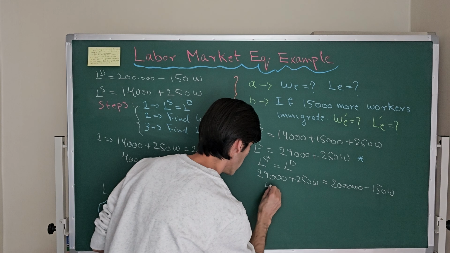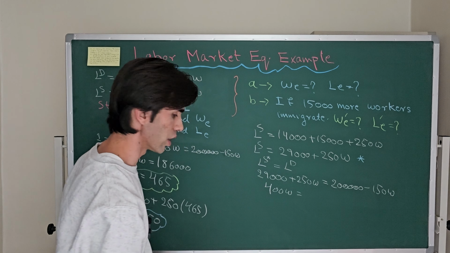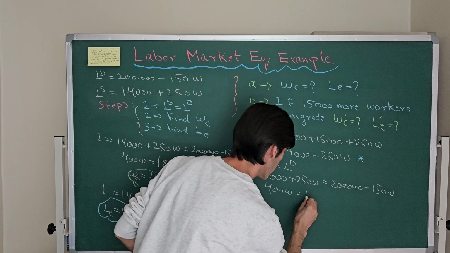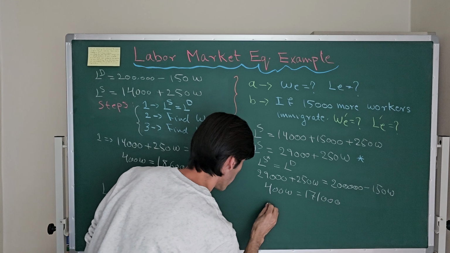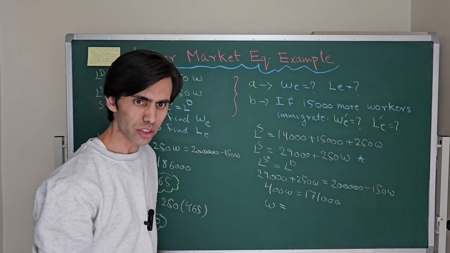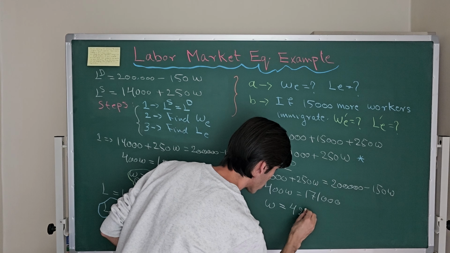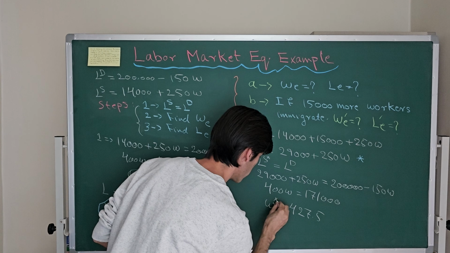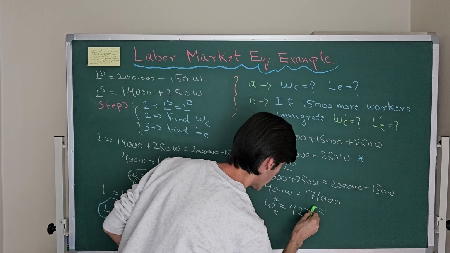We will have 400 W equal to 146,000. Then W will be equal to 365, WE star.